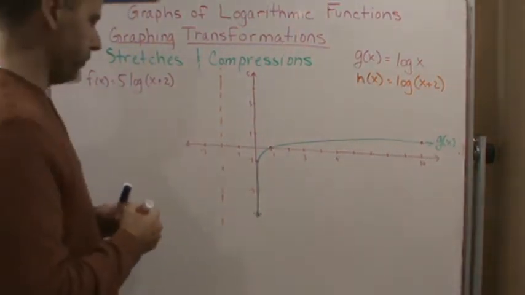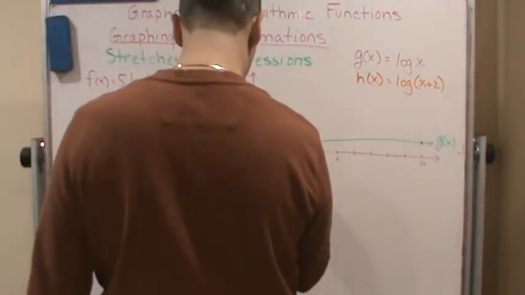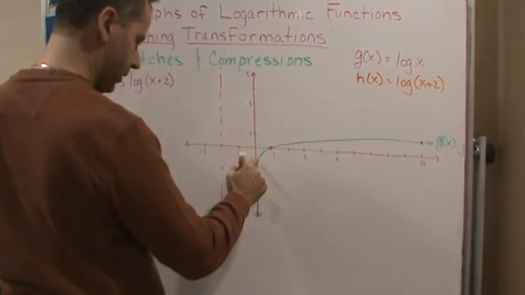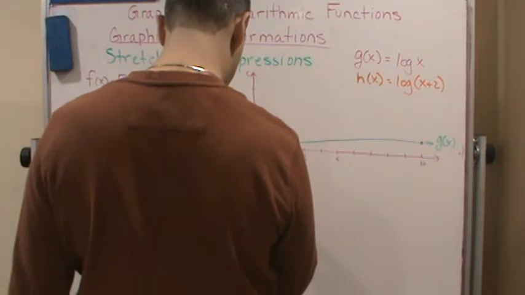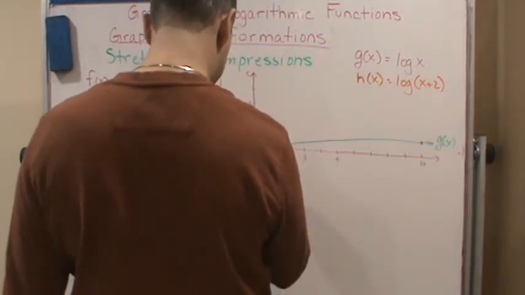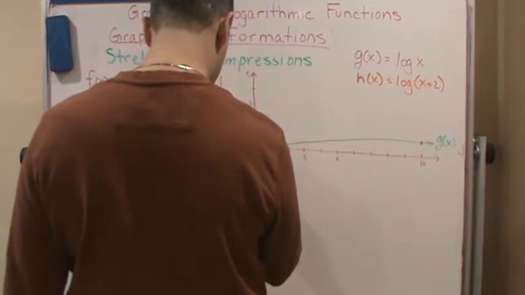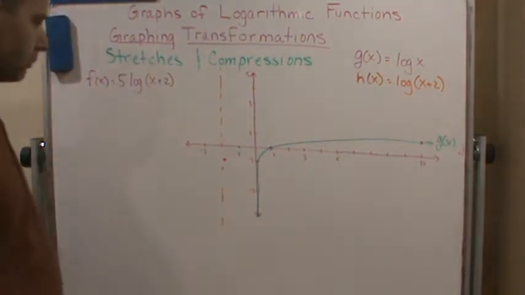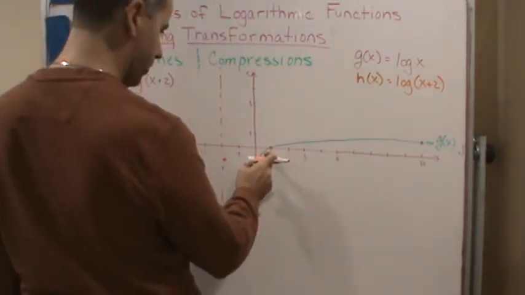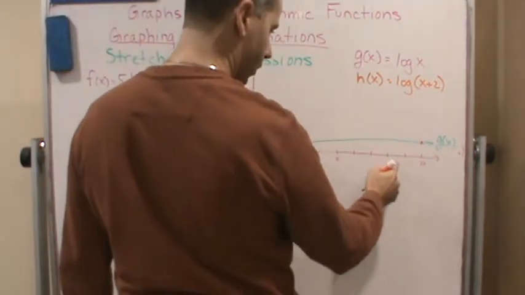And now we're going to move all these points to the left. So 1/10 is going to move over to -1 and 9/10, so about right there. And then 1 is going to shift over 2 units to -1. And then 10 is going to shift over 2 units to 8.